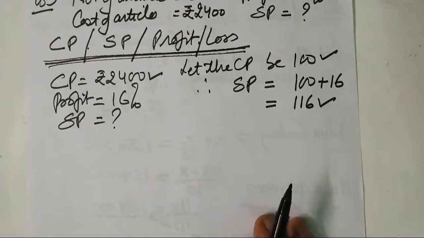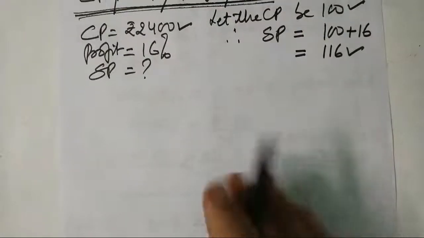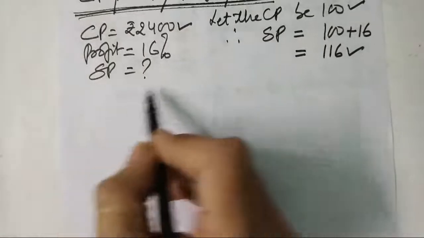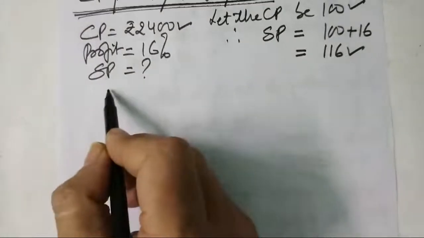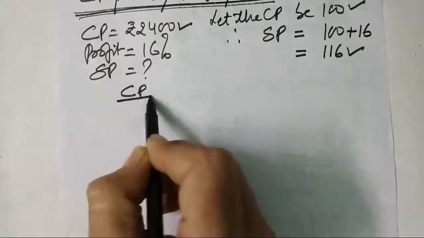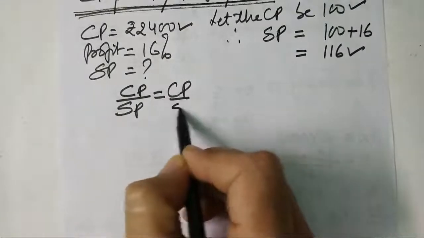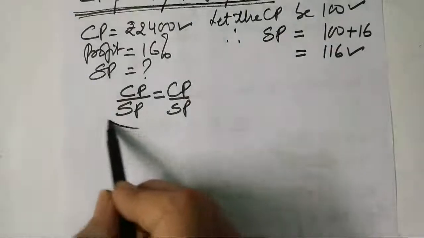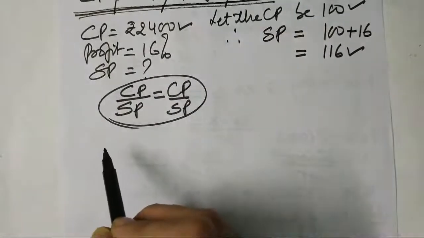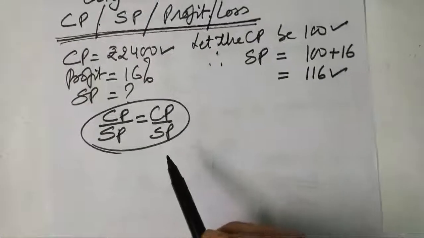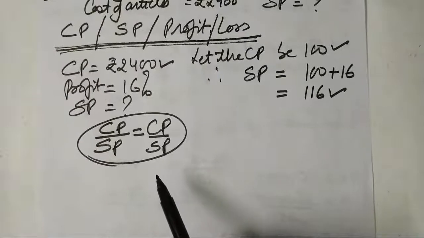Now this is one number, this is second number, and this is the third number. So we will use the concept of ratio now. And I have made a formula. The formula is, we will write the formula CP upon SP is equal to CP upon SP. This is one common formula which we will apply in every question of profit or loss.